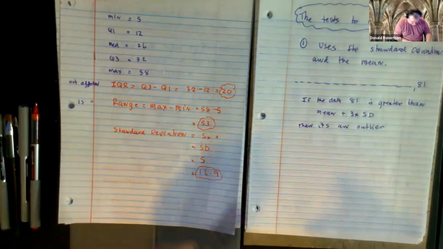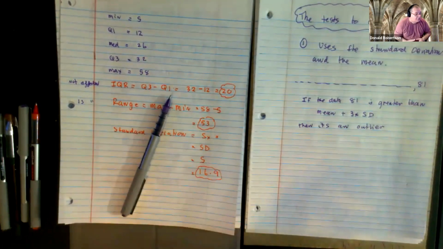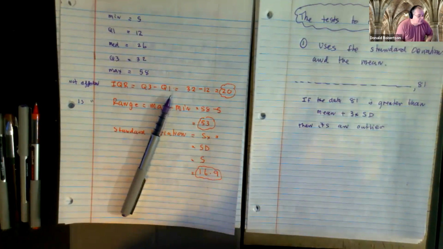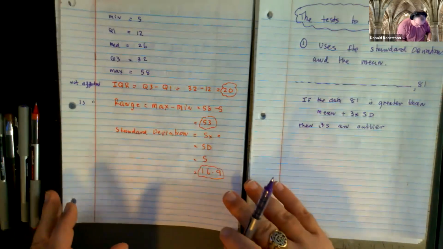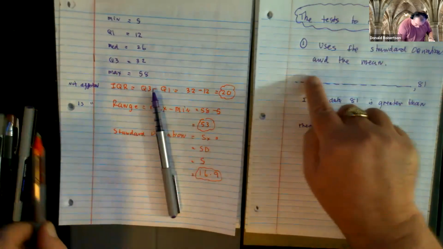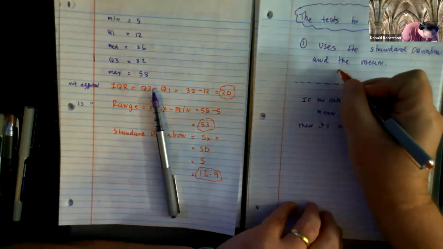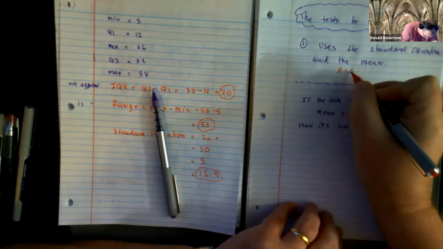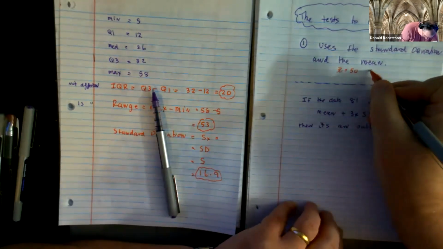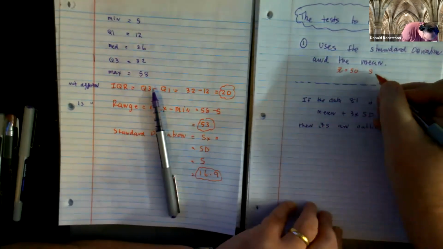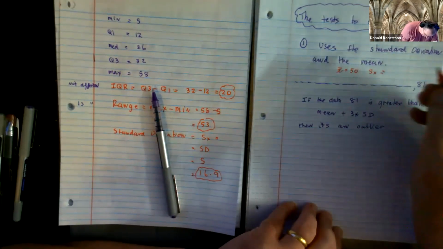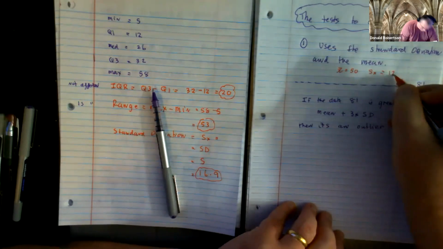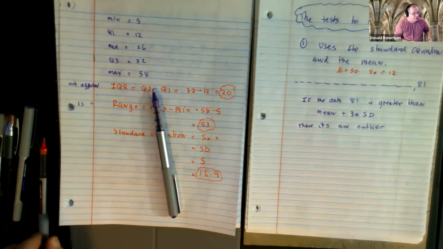So the test says that if your number, in this case 81, is bigger than the mean plus 3 standard deviations, it's an outlier. So let's suppose this set of data had a mean of 50, and I'm trying to use all the different versions of how you write standard deviation, a standard deviation of 12, right, just for argument's sake.